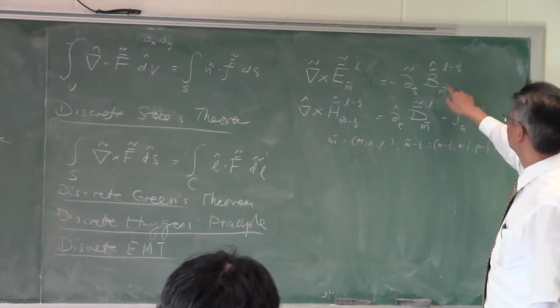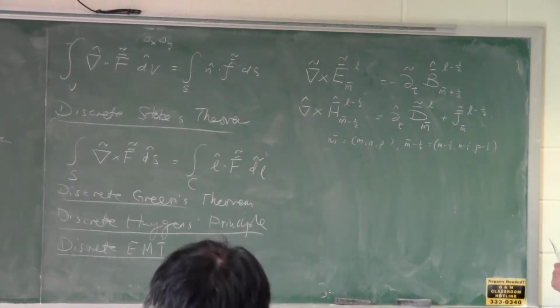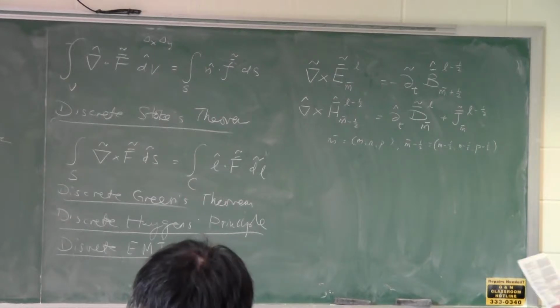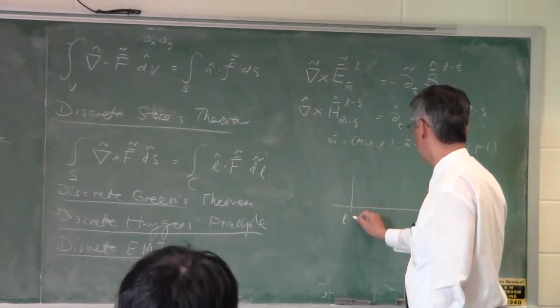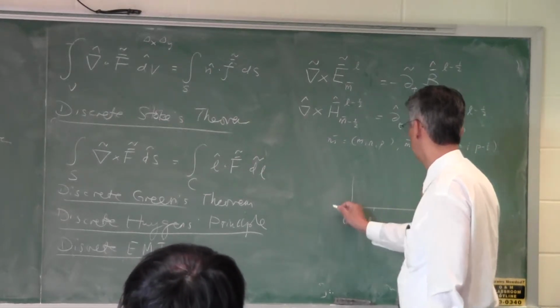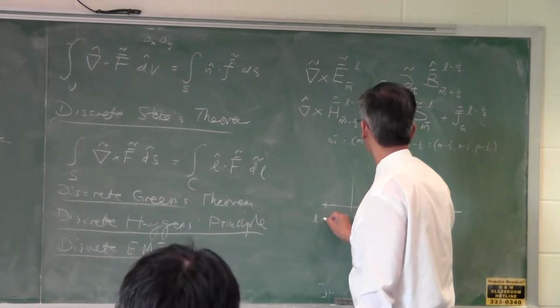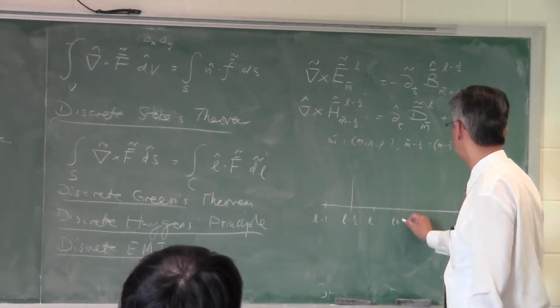And you take this value at this time and then forward difference it and take it at a half grid point over. So this thing over here is L minus half, L minus 1. So this is L plus half.